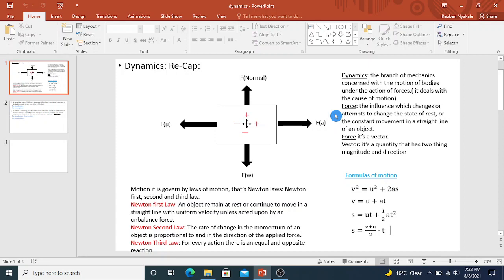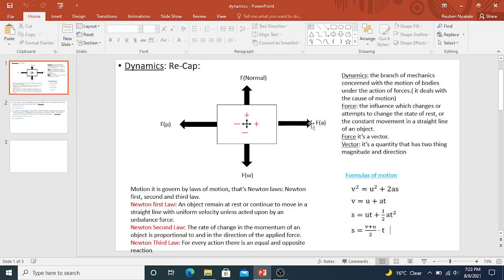It is the influence which changes or attempts to change the state of rest, meaning when an object is at rest and there is an applied force on that object, the object will start to move. The force is the influencer. It influences the object to move from point A to point B. That's what it means, and it makes more sense.